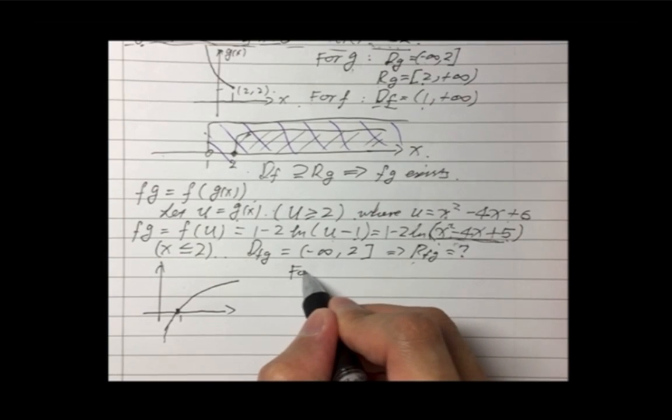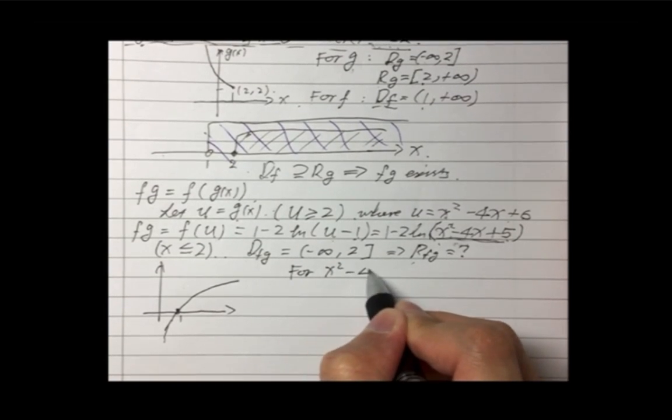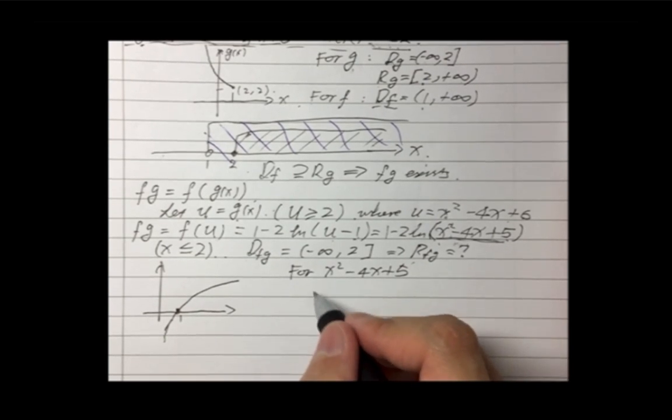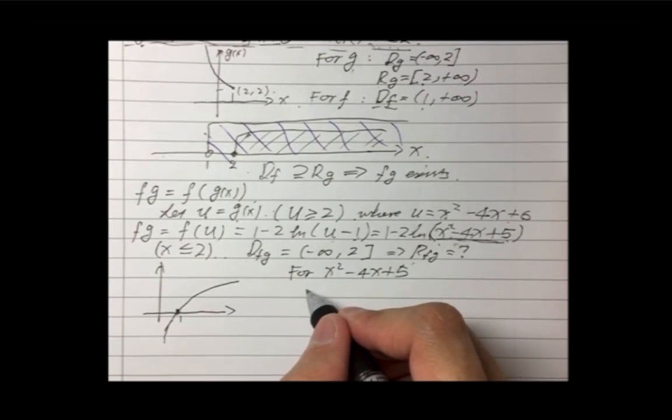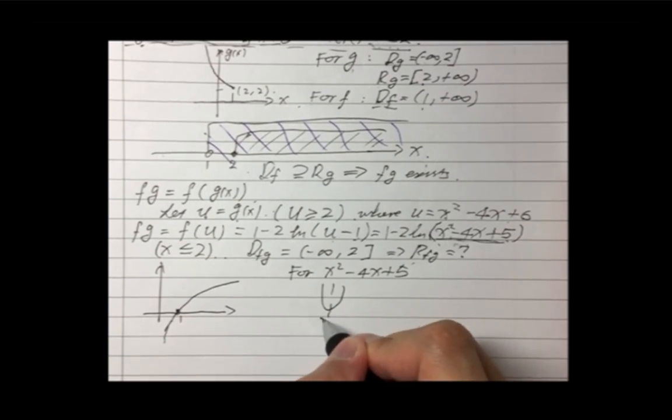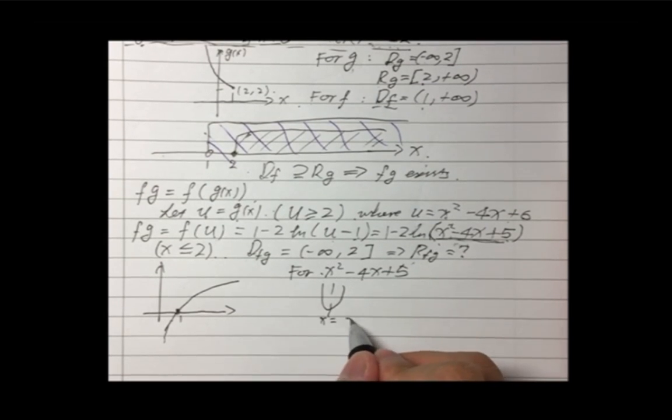So for x squared minus 4x plus 5, we draw it, and we know that it's the same thing as this, as long as this a and b never change. It's 2, right? The only thing that changes is this point, 2.